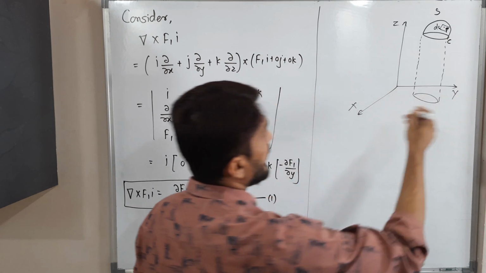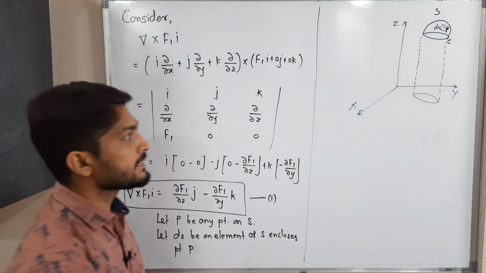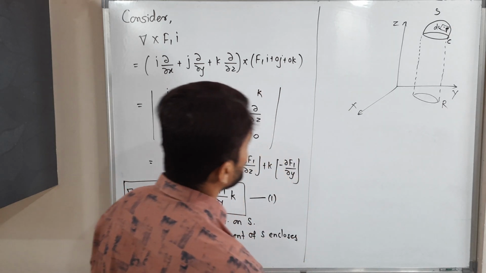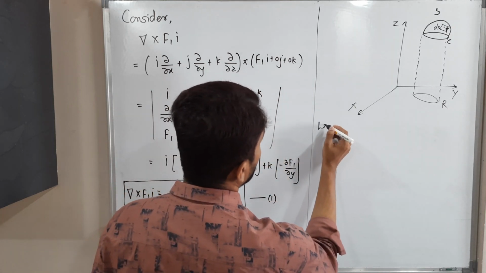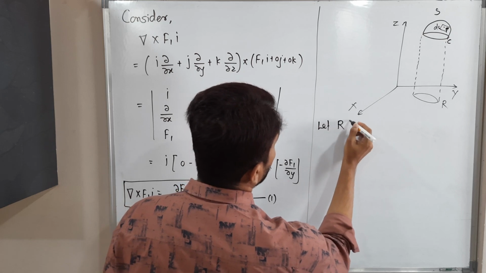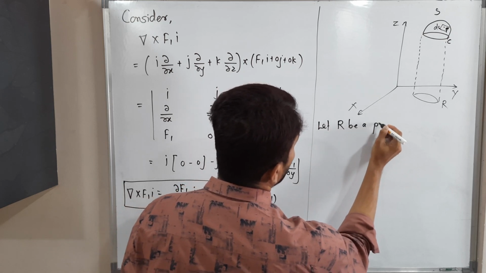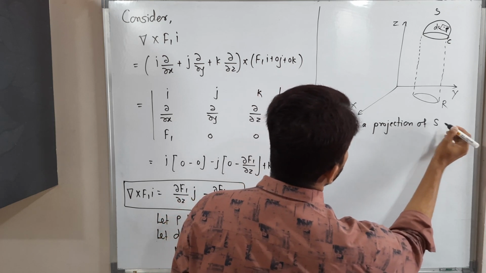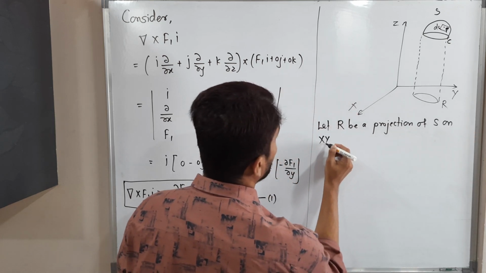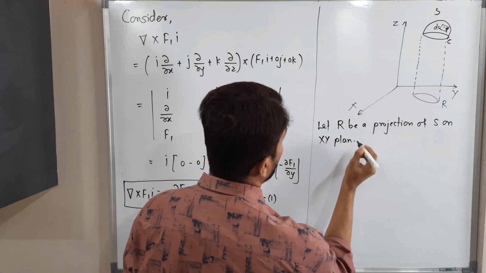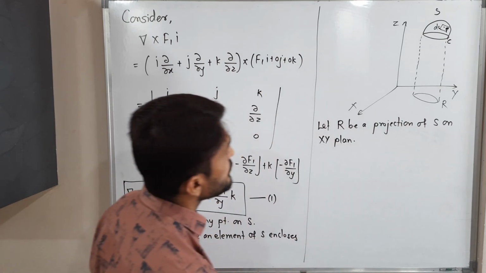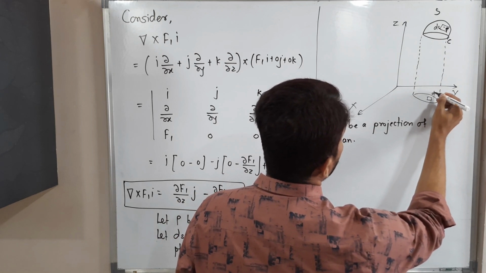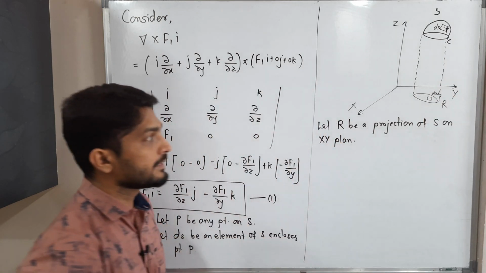So we have a diagram like this, and I am denoting it by R. Let R be the projection of S on the xy plane. And obviously we have a small element ds, so its projection will be somewhere here. I am denoting it by dx dy.